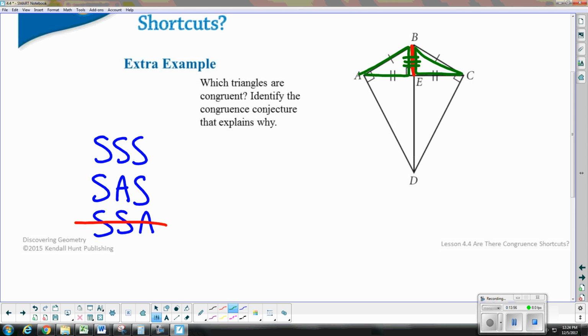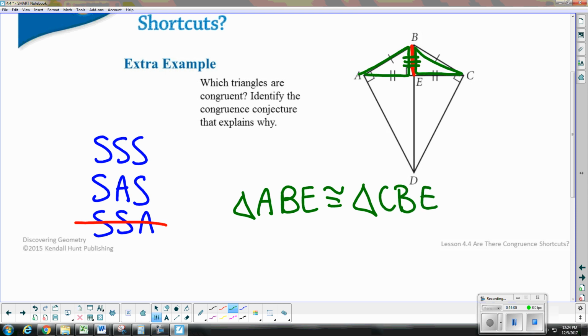So just looking here, we can say that triangle ABE is congruent to triangle CBE because of side, side, side.